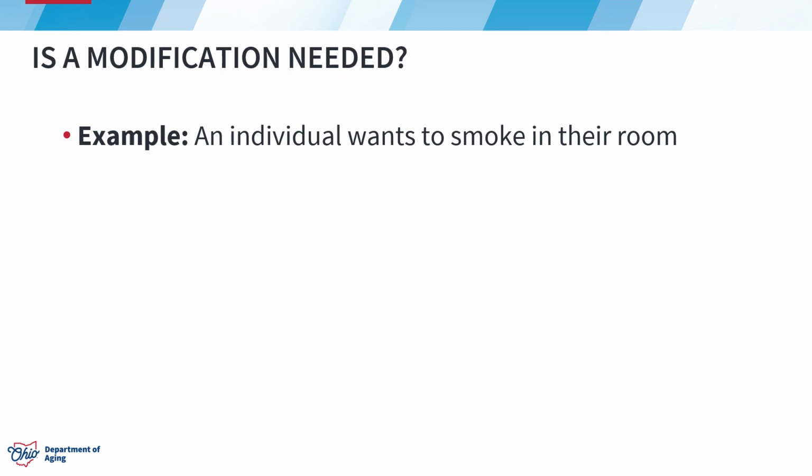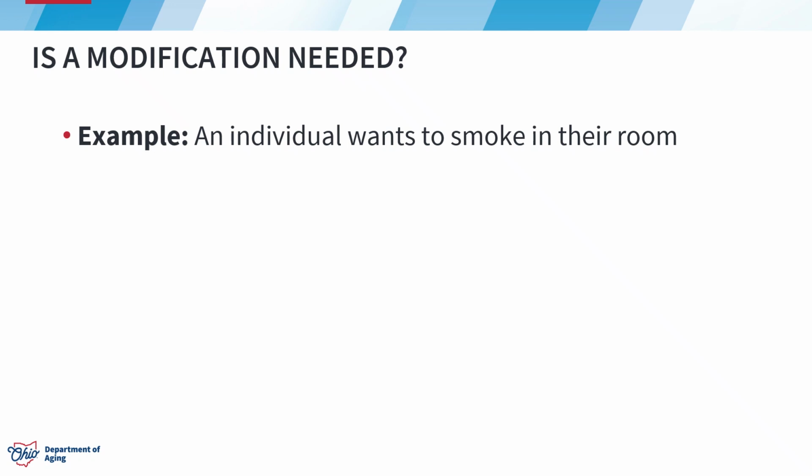It's certainly acceptable for the care plan to reflect the preference of the individual to smoke, but the facility is saying, no, you cannot smoke in the room. You have to go to a designated smoking area outside the assisted living. So would a modification to the setting requirement for assisted living settings be needed in the care plan?